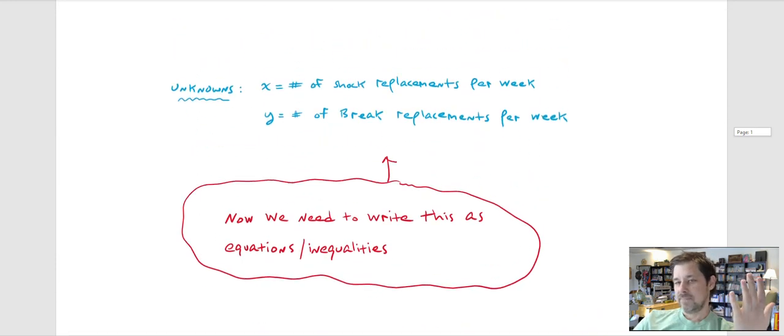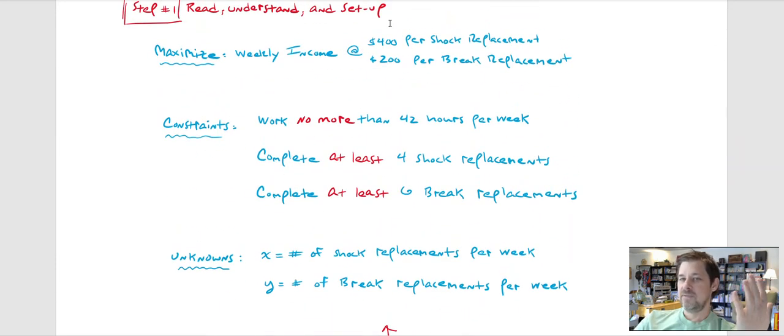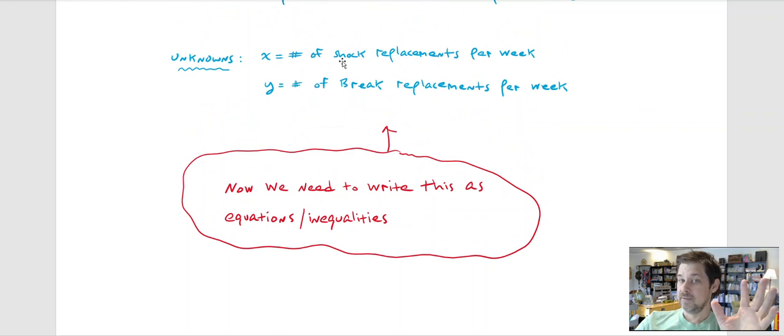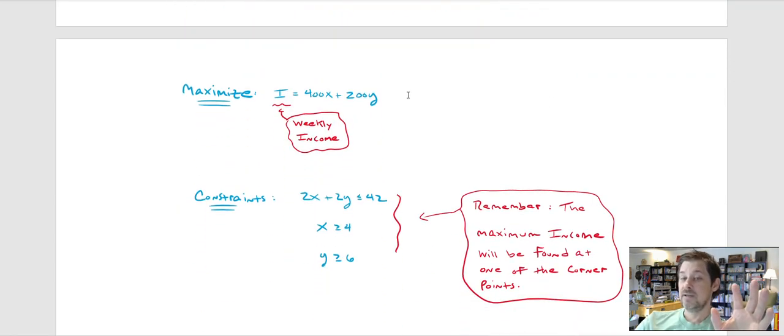So think about it. If this mechanic gets $400 per shock replacement and $200 per brake replacement, and x is the number of shock replacements per week, and y is the number of brake replacements per week, then here's my equation to calculate weekly income: 400 times x plus 200 times y. Okay? All right, so I've got that part.